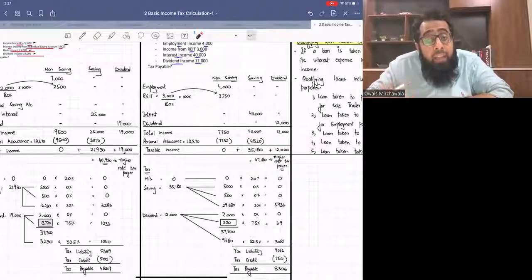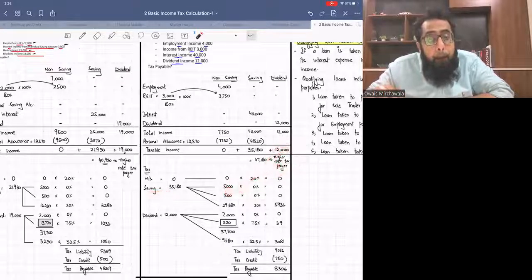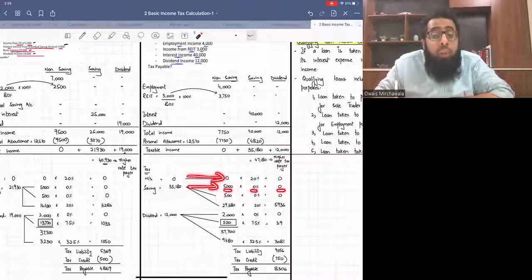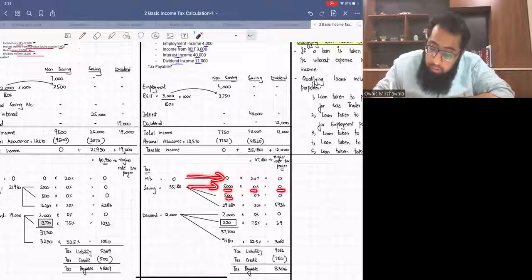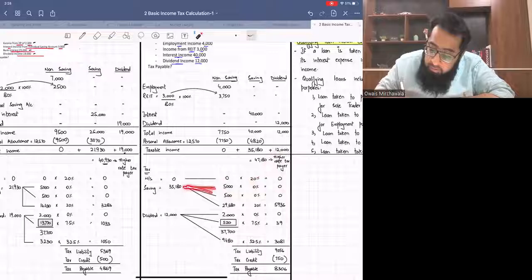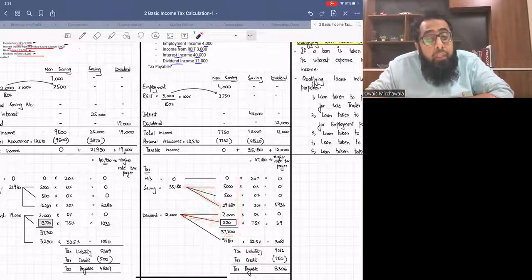On total, we are a higher rate taxpayer, which determines our 0% band of saving. Non-saving was 0, so saving got the first 5,000 band also. As a higher rate taxpayer, the 500 band. Then the remaining saving income, in dividend the first 2,000, then the remaining space in the basic rate band and the remaining dividend income.